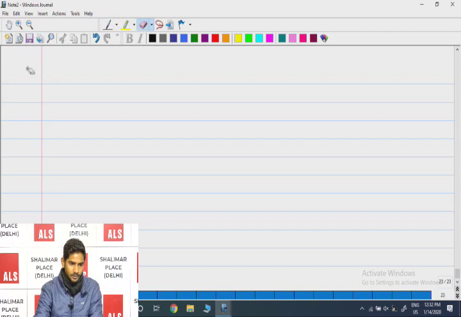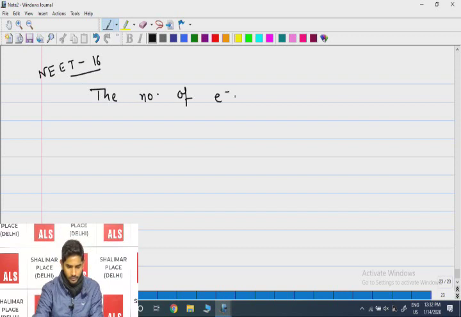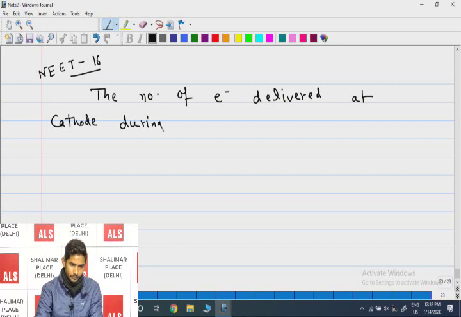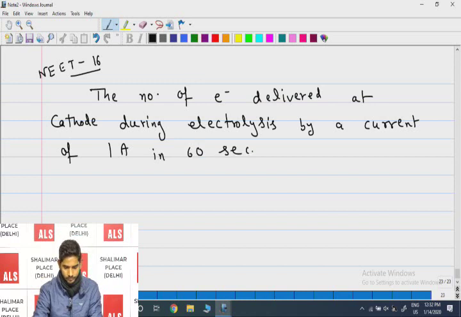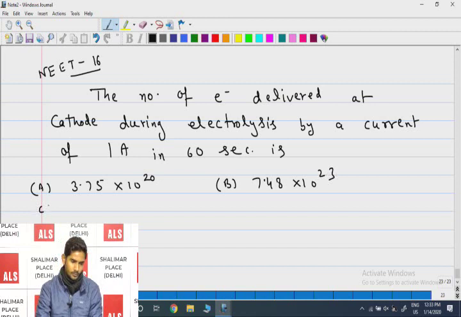This is a question from NEET 2016. The number of electrons delivered at cathode during electrolysis by a current of 1 ampere in 60 seconds is: option A 3.75 into 10 to the power 20, option B 7.48 into 10 to the power 23, option C 6 into 10 to the power 23, and option D 6 into 10 to the power 20.